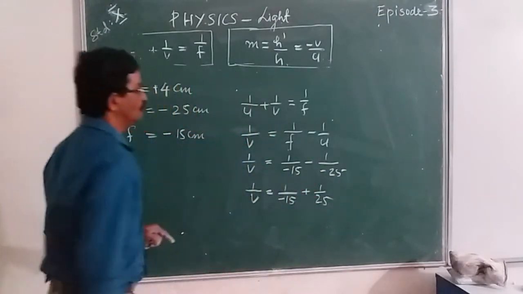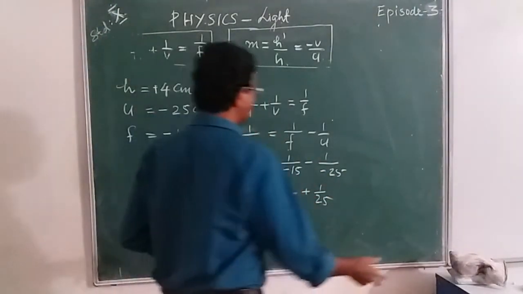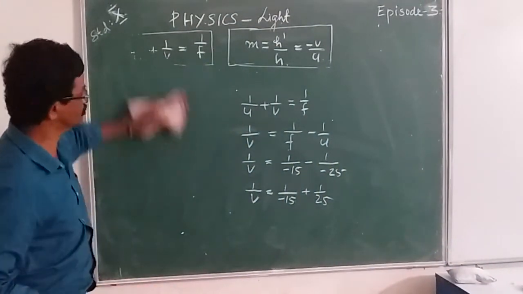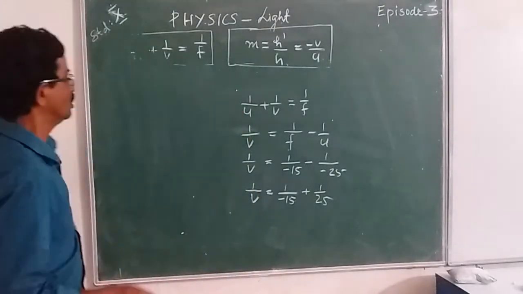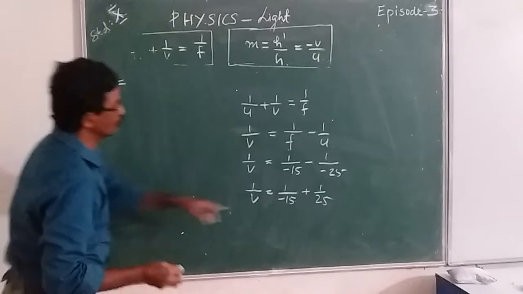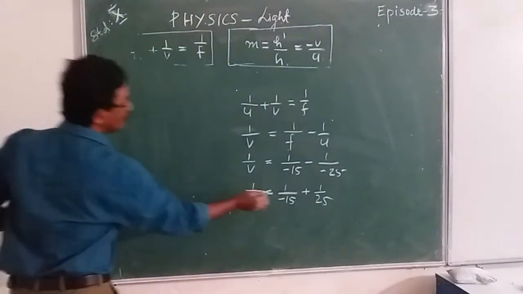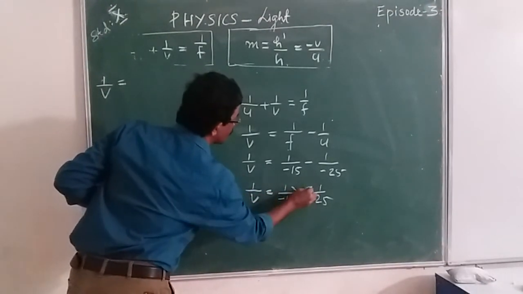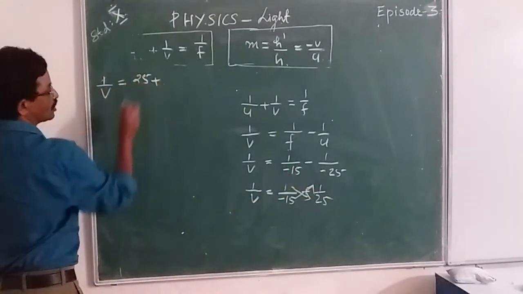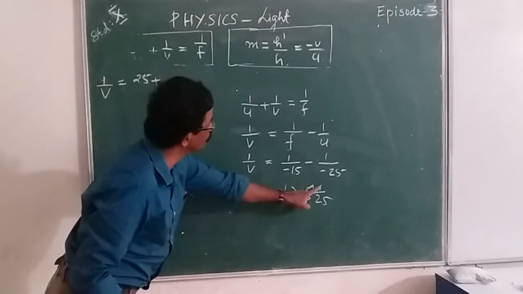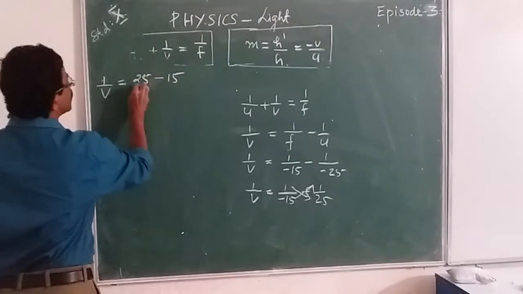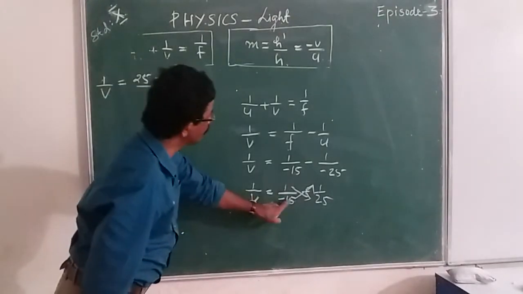Now we can find its value by cross multiplying and simplifying. 1 by v is equal to, we cross multiply: 1 into 25 plus minus 15 into 1, that becomes minus 15, divided by 15 into 25.